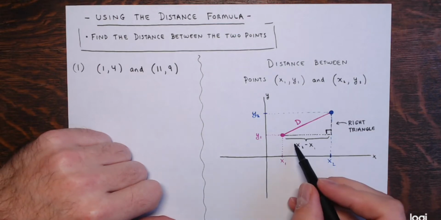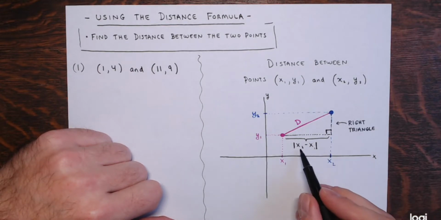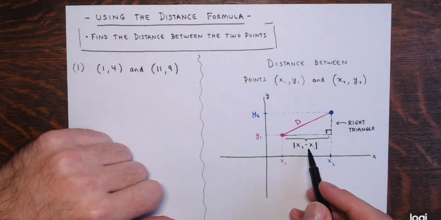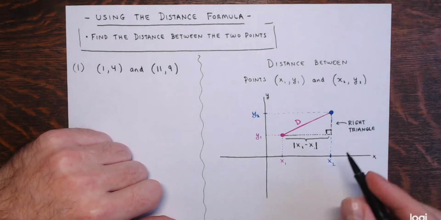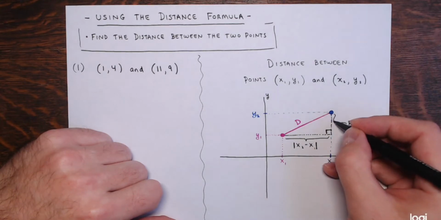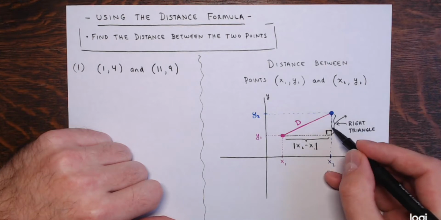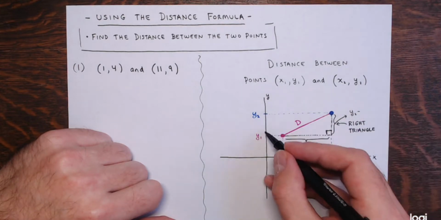And in some books they'll put absolute value symbols around this just to make it positive in case you accidentally took the small one minus the big one. Usually you take the large x coordinate minus the smaller one to get a positive value. And then the length of this vertical leg is y2 minus y1. This distance over here.